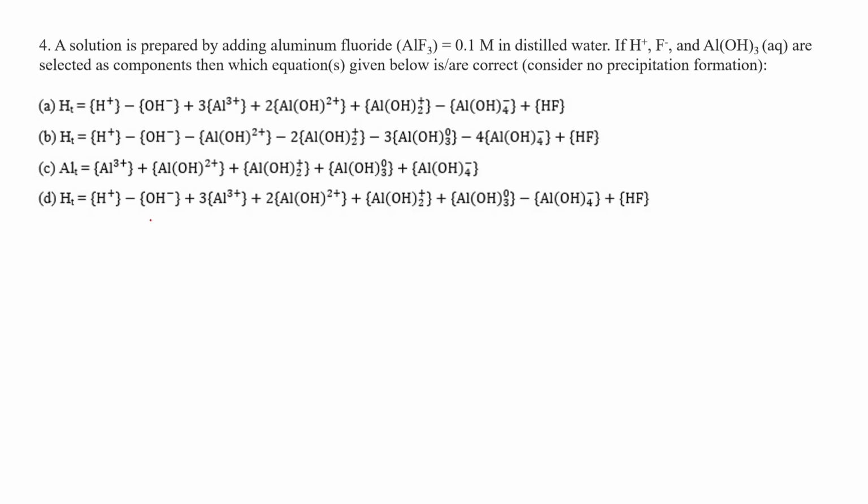So here a system is given in which aluminium fluoride is being added in distilled water, and the components that we have to consider are H plus, F minus and AlOH whole 3. We have to find out which of these options are correct. Okay, let's see how to solve this.